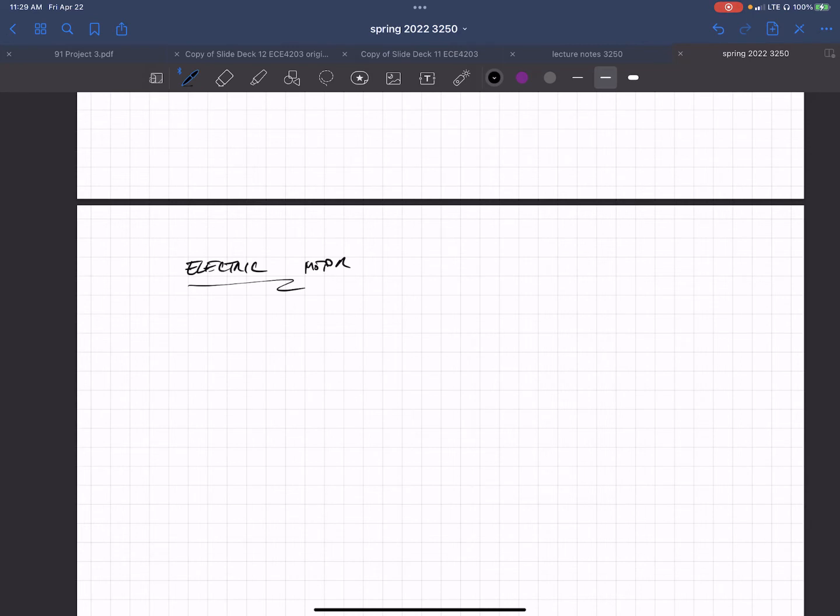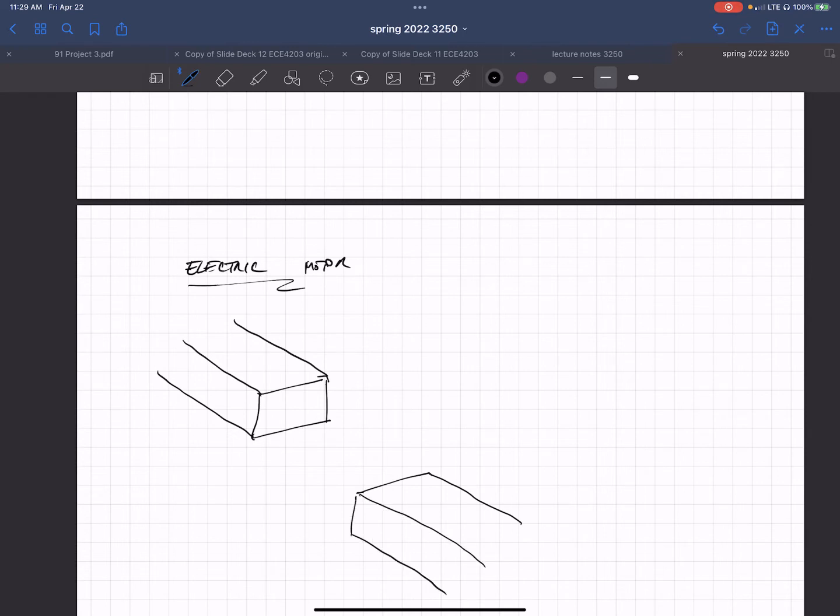Imagine if you had two bar magnets, two permanent magnets, quote unquote. I'm going to try my usual bad drawings to draw this for you. So let's say this is one bar magnet, and I have another bar magnet going here. They're facing each other.